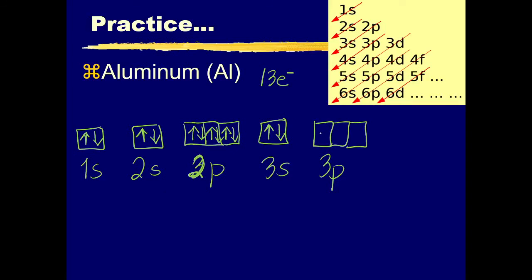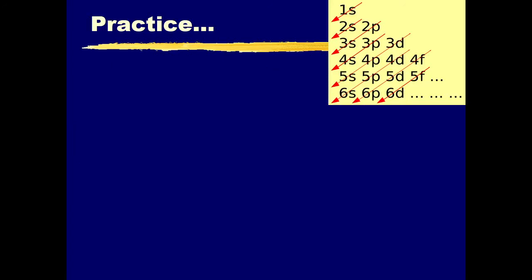How many arrows are you gonna draw? Isa ra ka buok kay usa may lacking nato nga electron. So we now have 1s2, 2s2, 2p6, 3s2, 3p1. Now let's have other examples now.